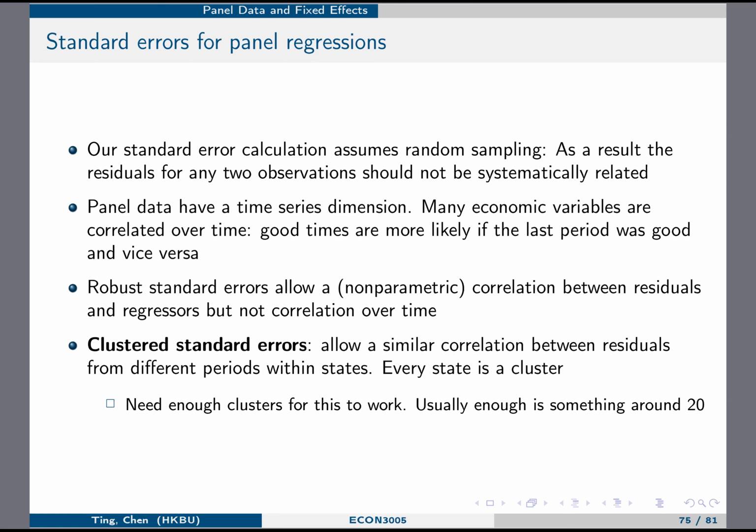But the panel data actually has a time series dimension, meaning that many economic variables are correlated over time, right? Think about the death rate, for example. The death rate for one particular state at one particular year may be correlated with the death rate at the past year, right?